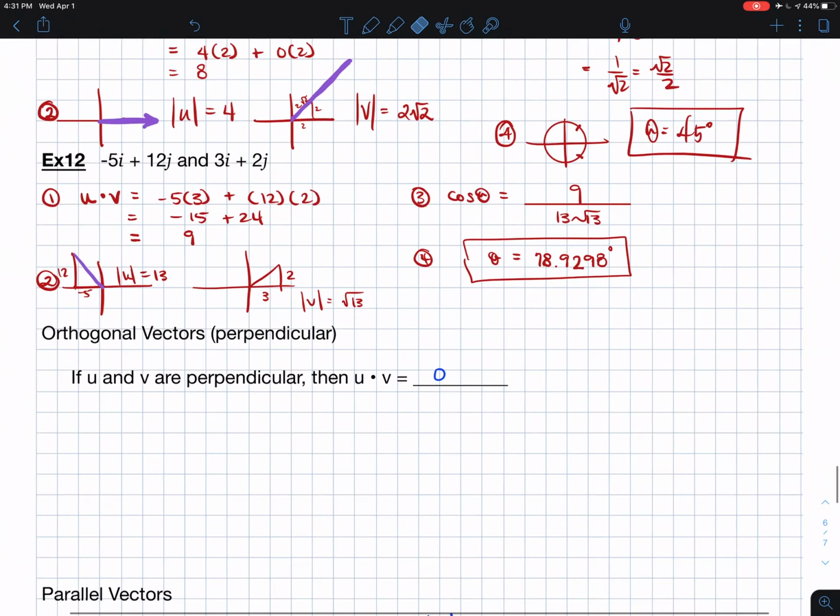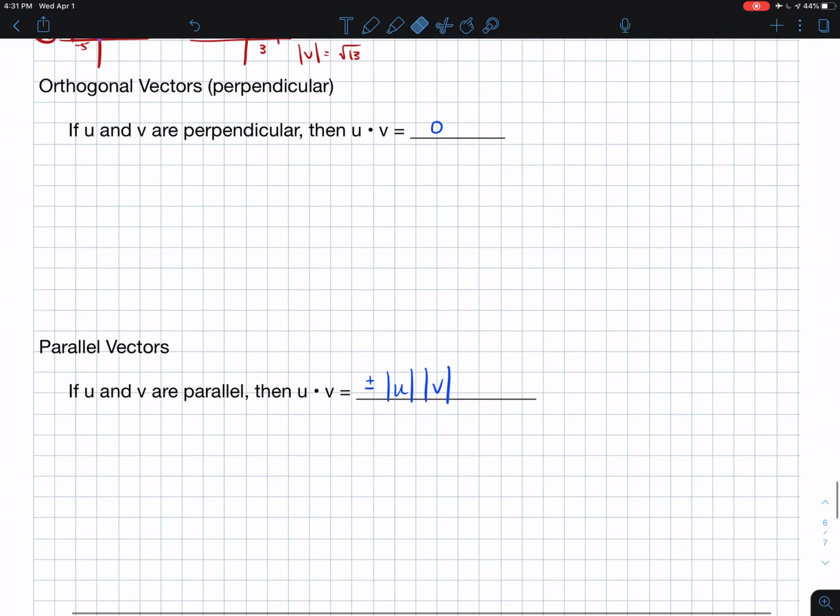Okay. All right, and then you also had a short little video about orthogonal vectors and parallel vectors. One comment on here, when I have parallel vectors, the reason that you could have a plus or a minus, think about 2 vectors that are parallel to each other. Remember, with vectors, the direction matters.